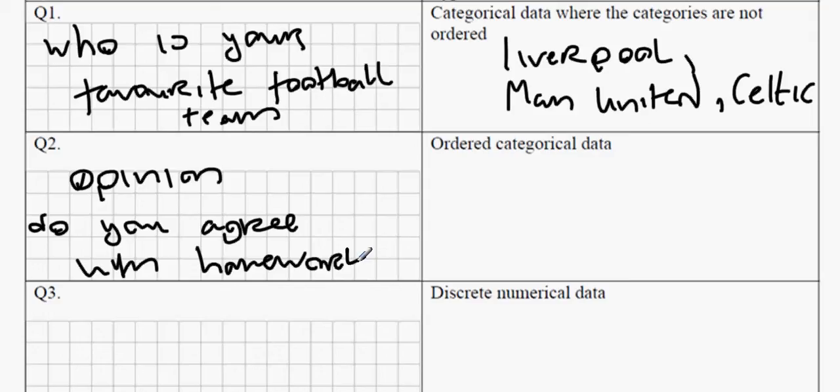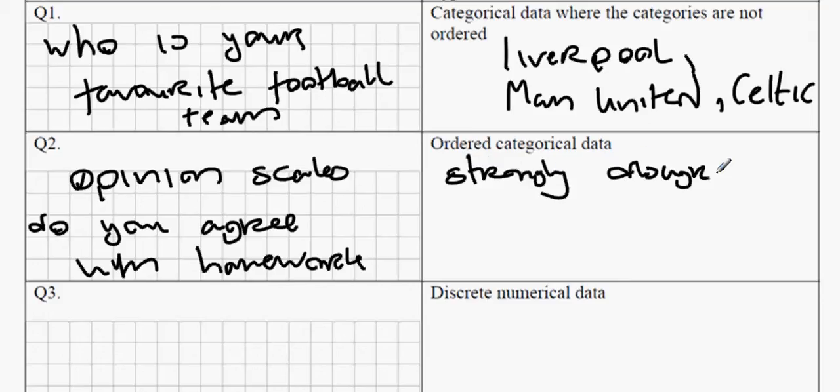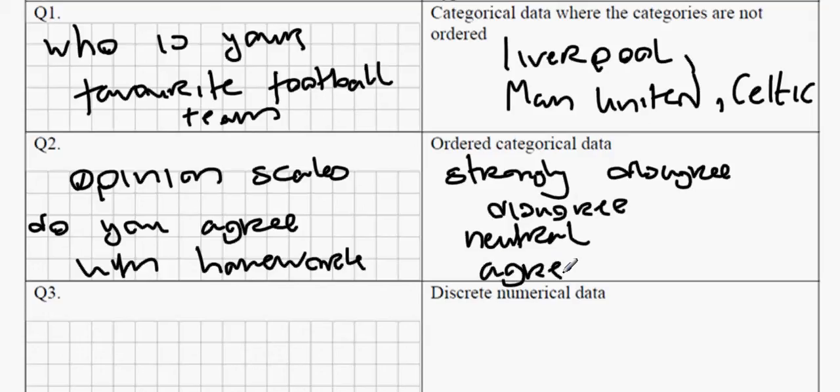And you could say strongly disagree, disagree, neutral. You could say you agree and you strongly agree. So you can see that there's an order here, okay?